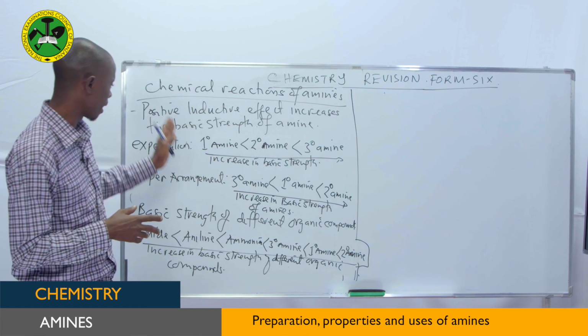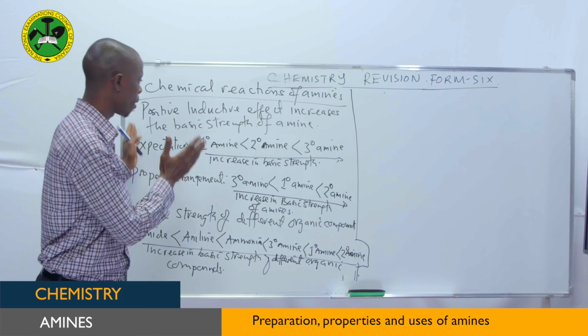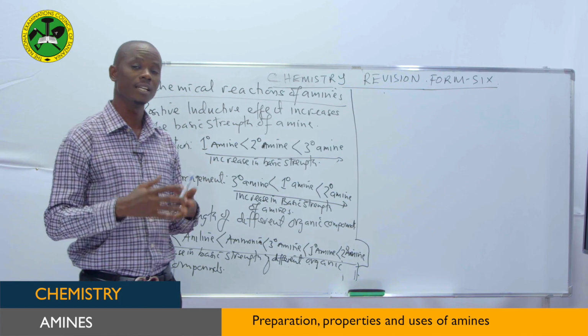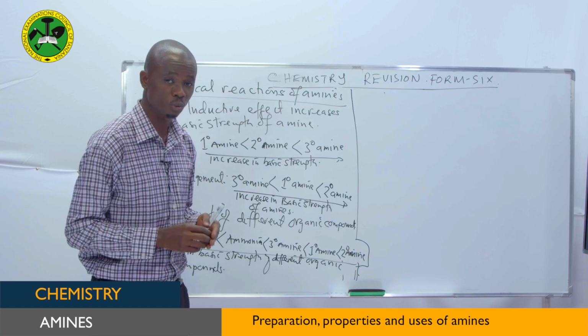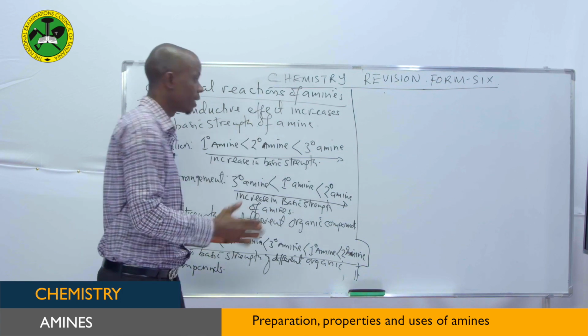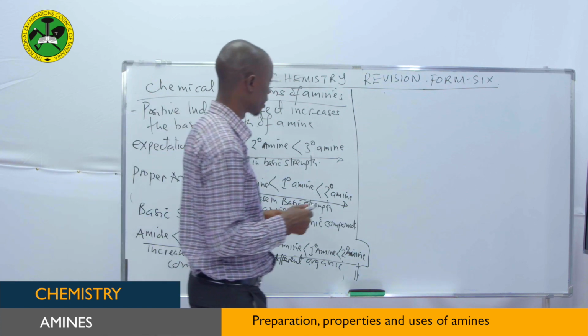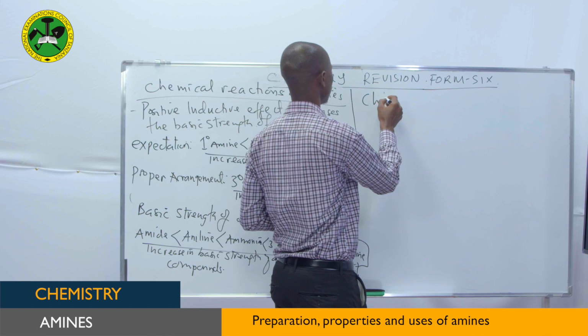We have seen primary amine, secondary amine, and tertiary amine, and that amines react by donating a pair of electrons from the nitrogen atom. Now we need to justify these explanations by chemical reactions. So we can see some of the chemical reactions now.